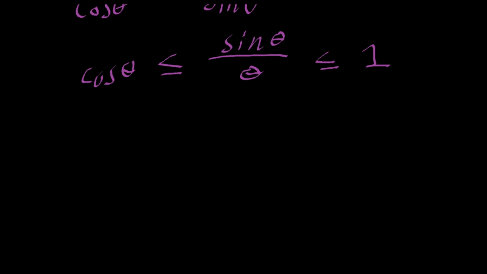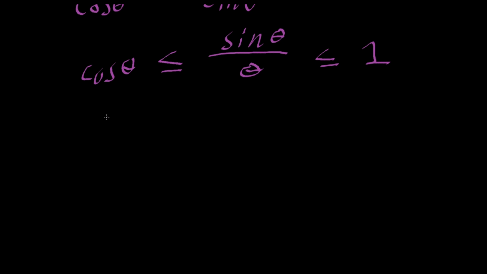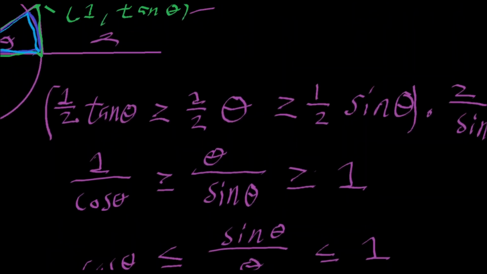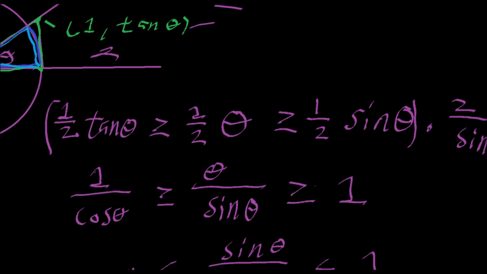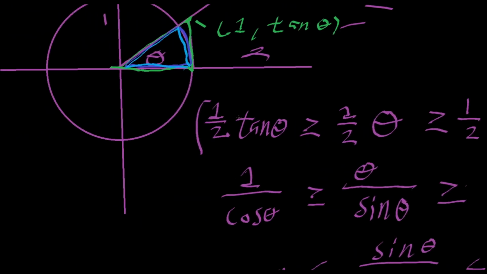Now, for each of these, let's suppose that the limit of theta is approaching 0. And we have to assume that it's approaching 0 plus, because we already said that we were in the first quadrant. So it's approaching 0 from this direction.